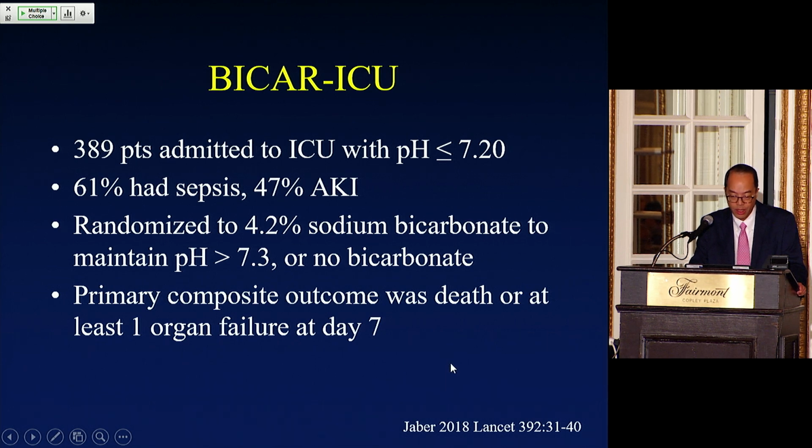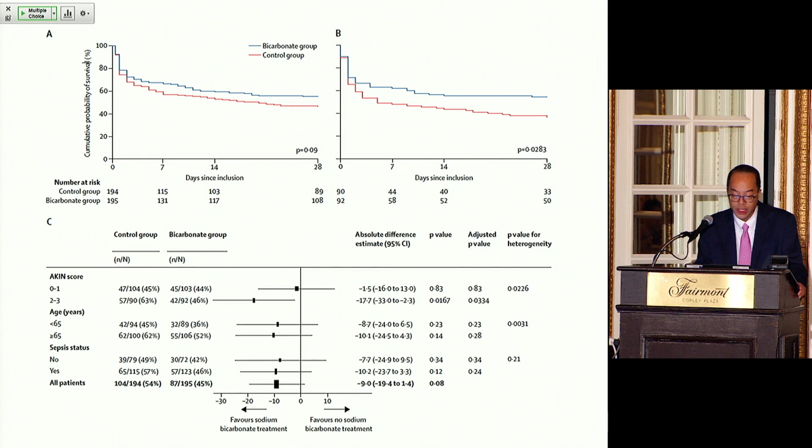So this was one paper, a randomized trial where patients were given bicarb or no bicarb to maintain a pH of greater than 7.3, with a primary composite outcome of death or at least one organ failure at day 7, published last year in The Lancet.